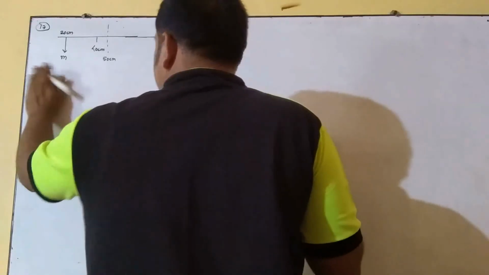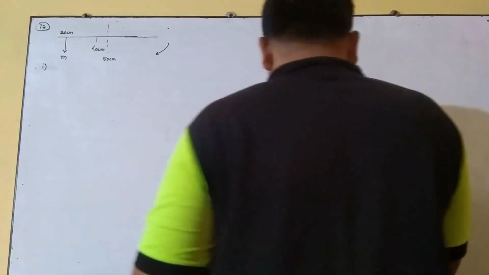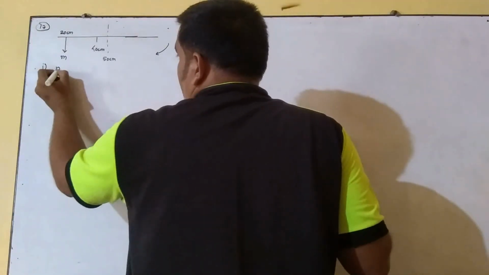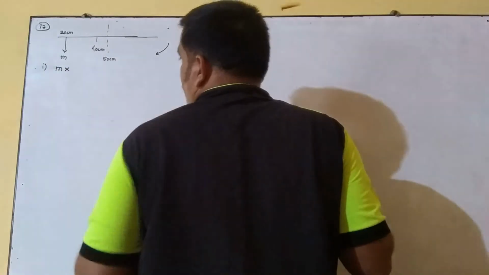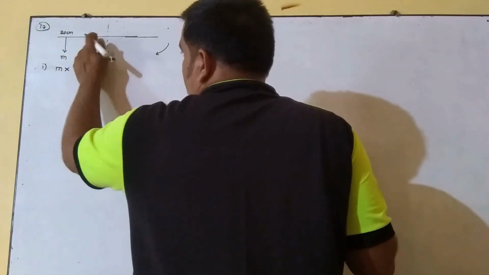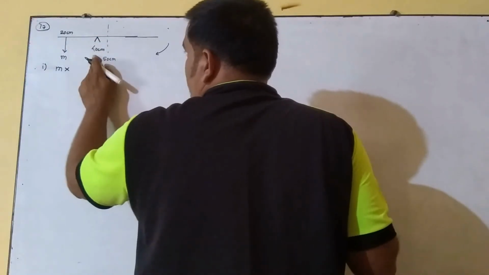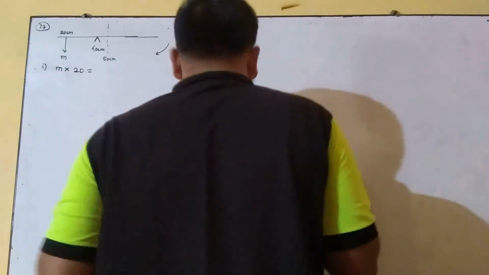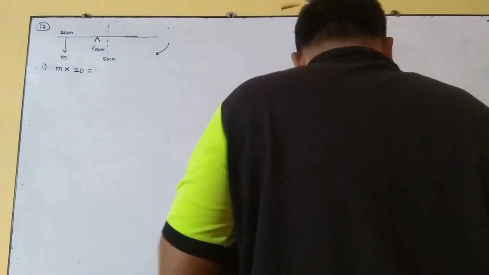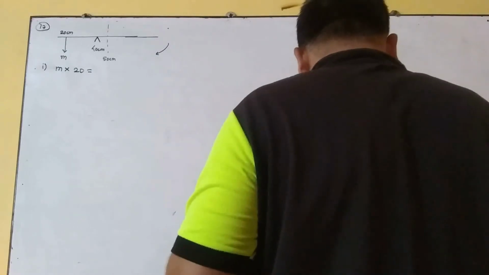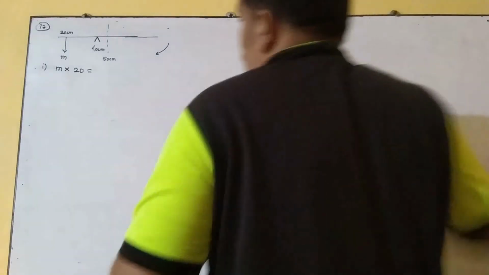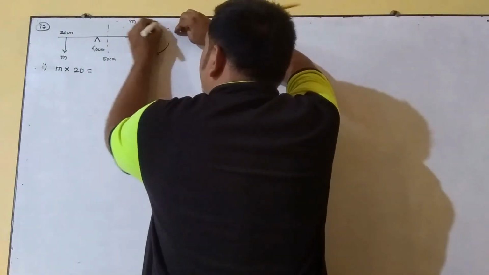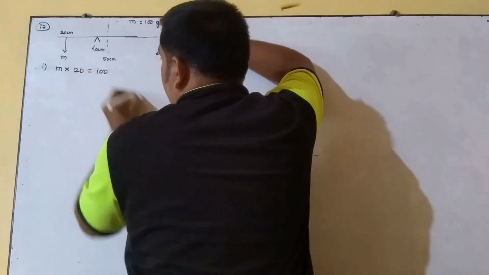Now find the value of the mass. Requirement of the question first: find the value of the mass M. So M into the distance, the fulcrum is at 40 centimeter and the mass is at 20, so the difference is 20 centimeter, is equal to the meter rule mass of 100 gram.